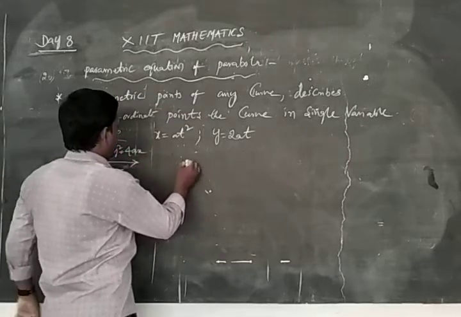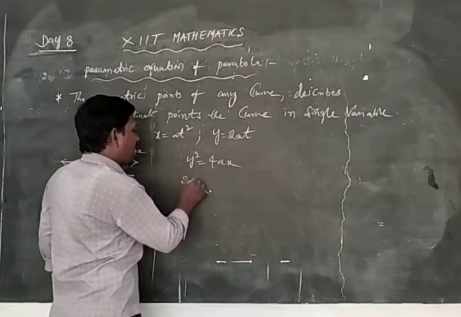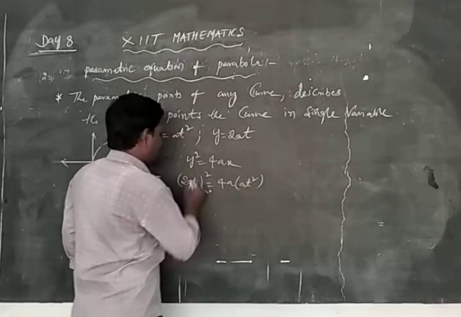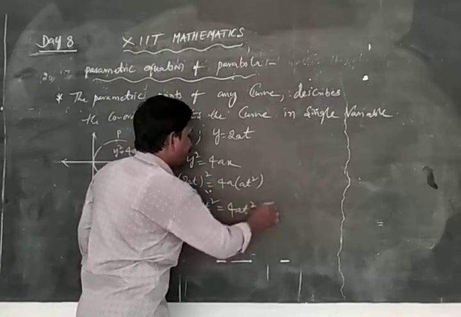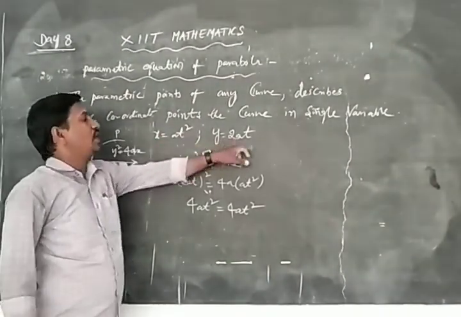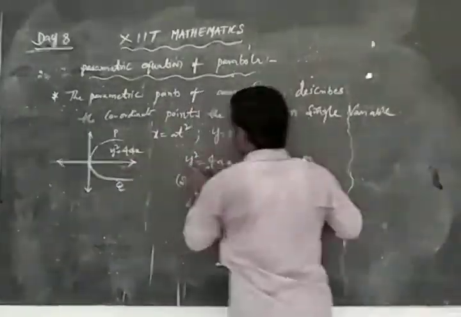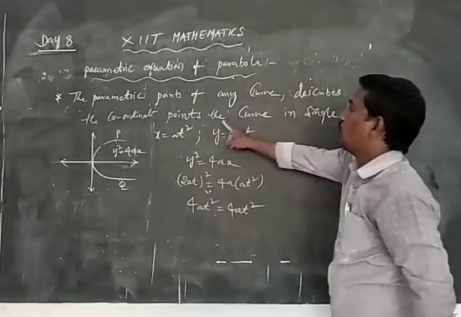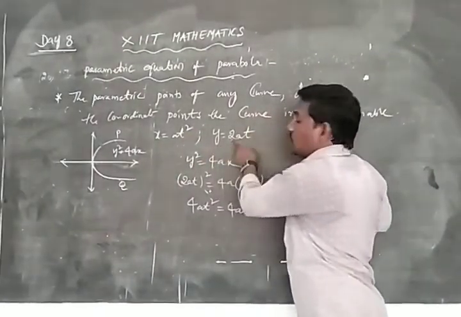Okay, now take y square equal to 4ax, y value 2at whole square equal to 4a into at square. That means 4a t square equal to 4a t square. So x is equal to at square, y equal to 2at. By taking x equal to at square and y equal to 2at, y square equal to 4ax is satisfied. So the parametric points of any curve describe the coordinate points of the curve in a single variable. So x is expressed as at square, y is expressed as 2at.